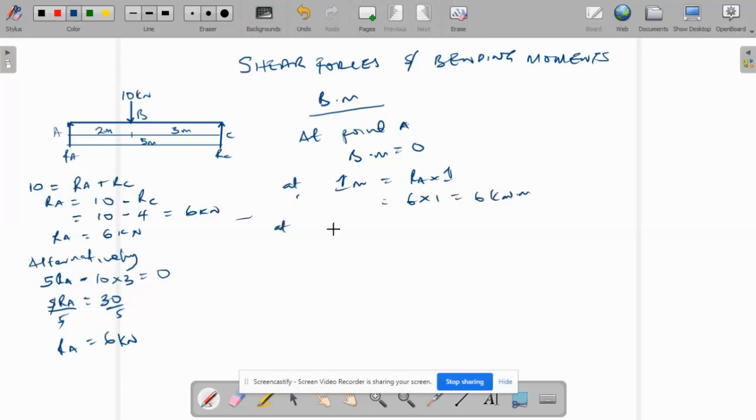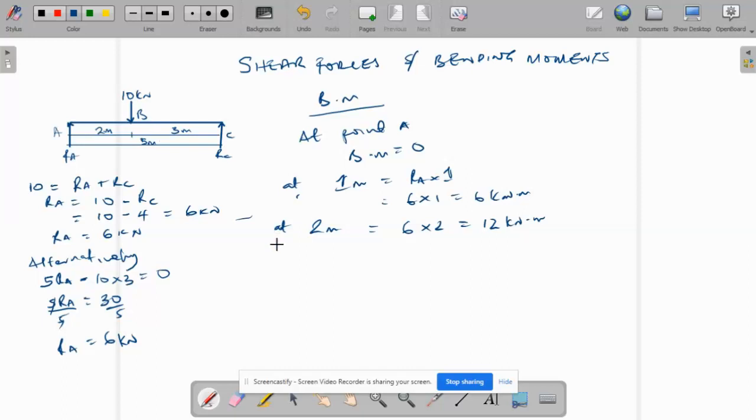At 2 meters, it is going to be equal to 6, which is reaction A, times 2 meters, which will be equal to 12 kilonewton meter.